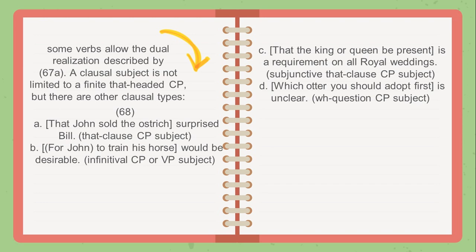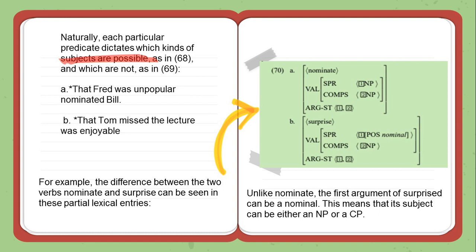Naturally, each particular predicate dictates which kinds of subject are possible, as in 68, and which are not, as in 69. A. That Fred was unpopular nominated Bill. B. That Tom missed the lecture was enjoyable. C. For John to remove the mother is undeniable.